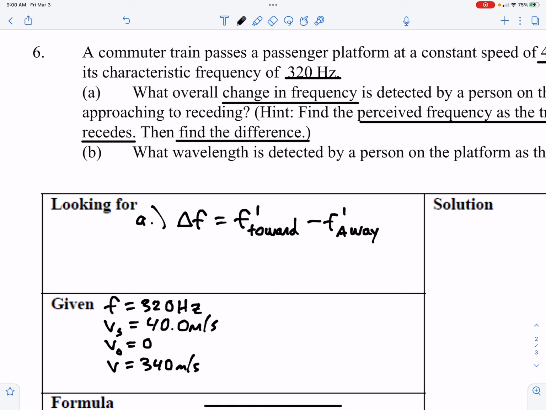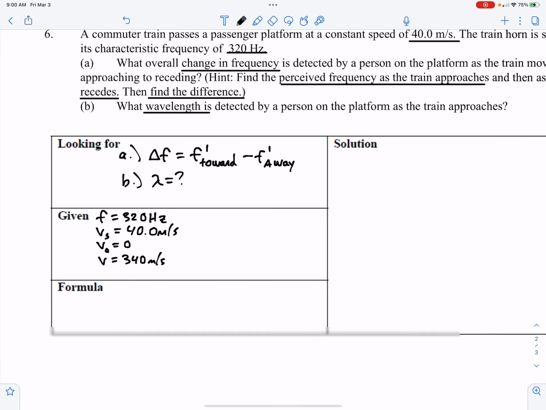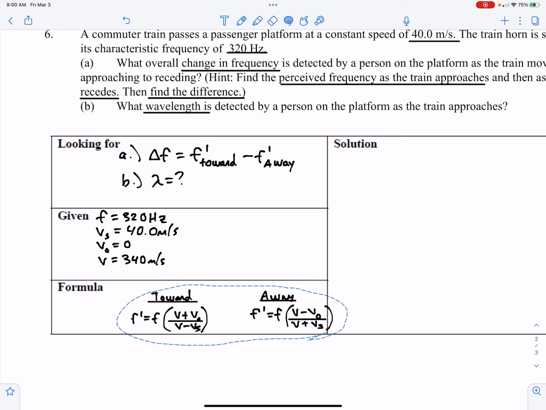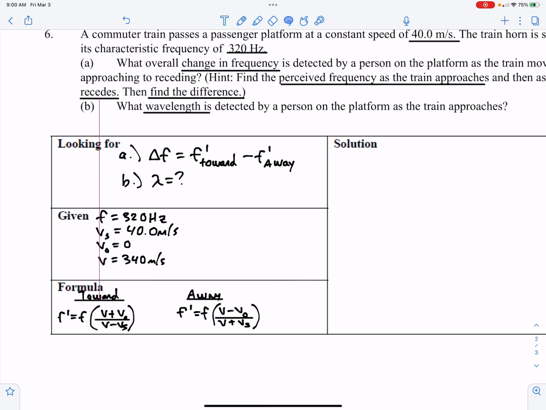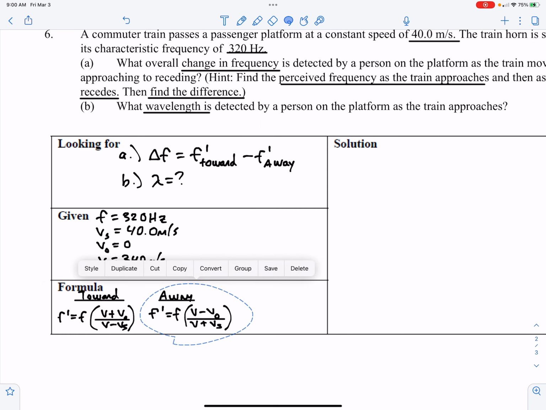And we'll get the change in frequency. Part B, we are looking for the wavelength. Okay, so the equations we're going to need are your standard Doppler effect equations, but we're also going to need our wave speed equation, right? And we're solving for lambda, so you know you're going to have to divide by frequency in order to make that happen.